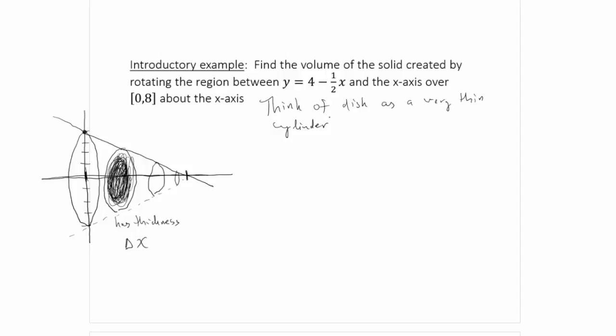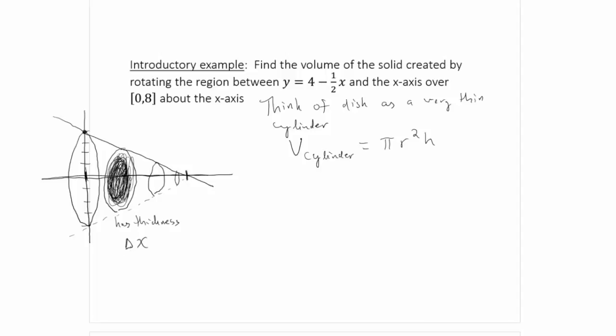Now that cylinder, I know that the volume of a cylinder can be defined as pi times radius squared times height. And what I want to do is add up a bunch of very thin cylinders.